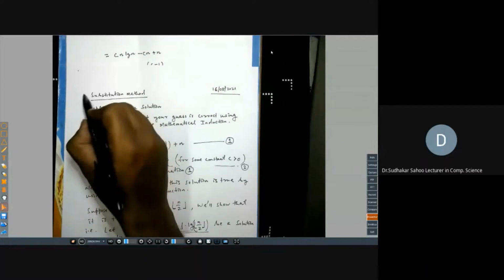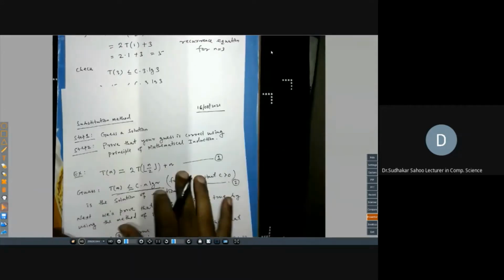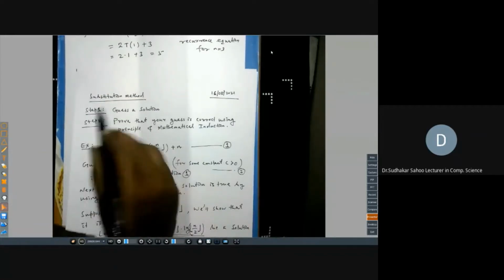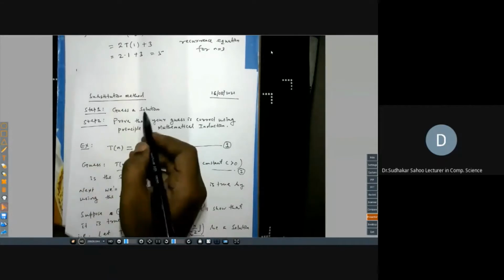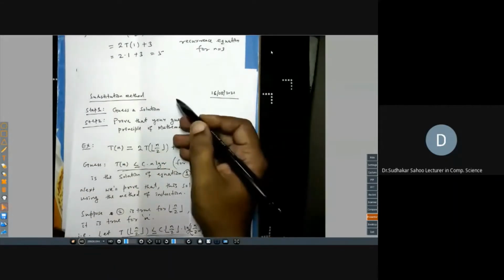That's why this is the more acceptable method for proving a solution of a particular recurrence equation. As a mathematics student, you must use this technique. But here there is a problem: the first step is to guess a solution. Your guess sometimes may be correct, may not be correct. Right?